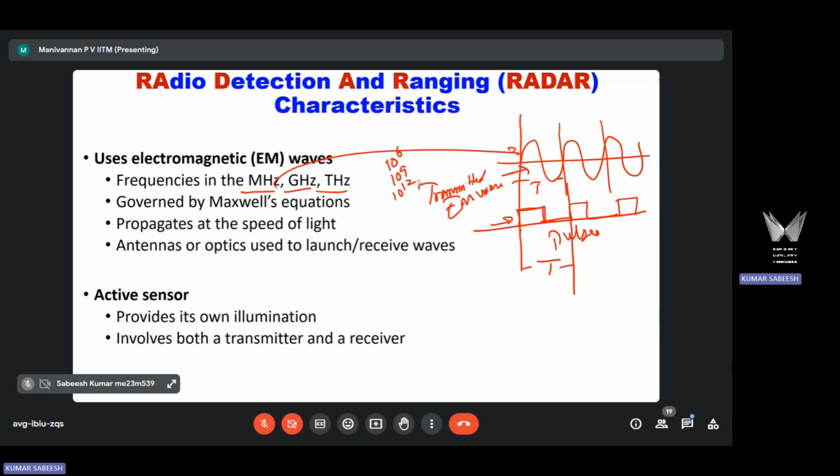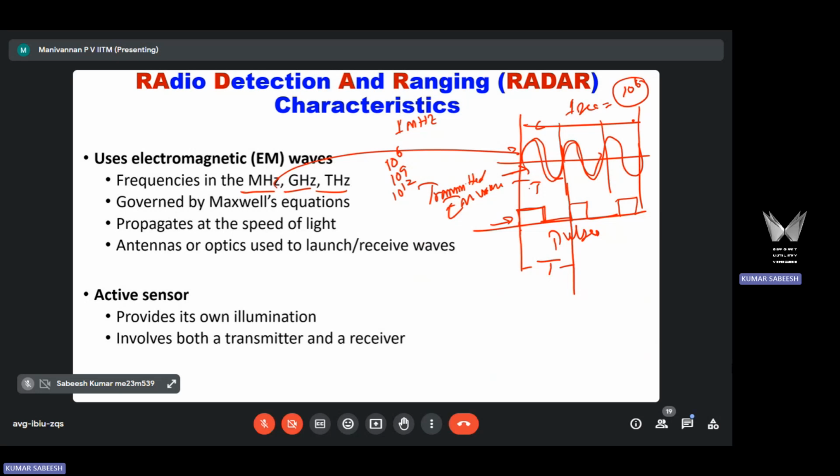Now, if my radar is generating a sinusoidal electromagnetic wave of 1 megahertz, how many cycles come within a 1 second period? This is 1 second. It means 10 power 6 waveforms. This is one cycle, like this the second cycle. Within 1 second, 10 power 6 cycles.